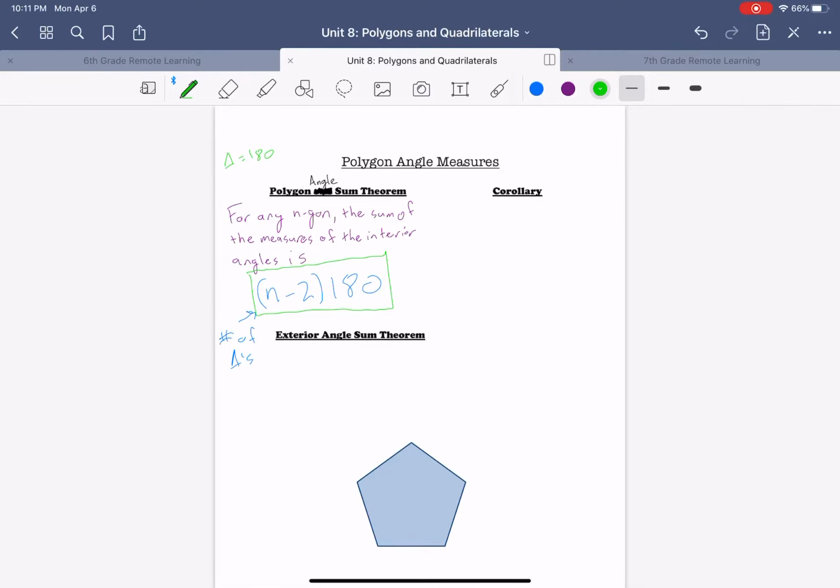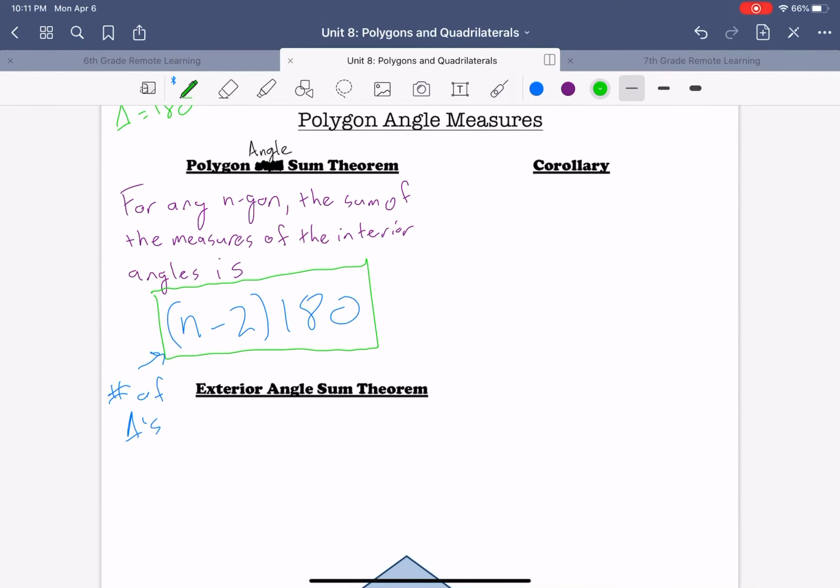Okay? So there is a corollary that goes with that. That's kind of a mini theorem that drops out of our main theorem.